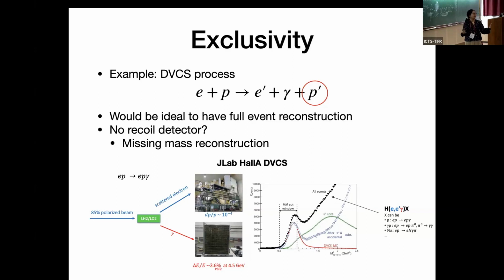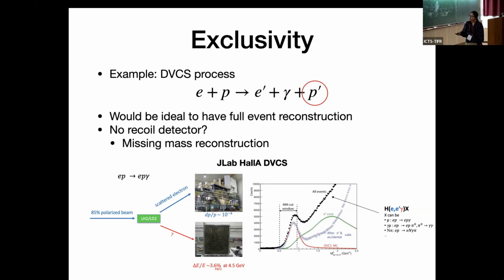You can then reconstruct from whatever you know to the unknown, because the momentum has to be conserved. So here, the strategy in the DVCS experiments is that you have the beam coming in, and you have a target here. Your scattered electron is measured by one of the spectrometers here. And then your photon will be detected by the electromagnetic calorimeter here, right?